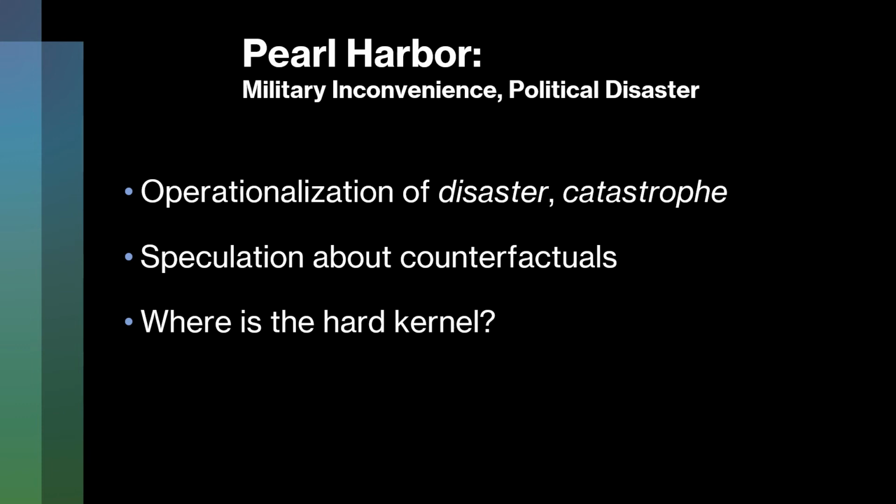He kind of implicitly does it, where he says, here are disasters, catastrophes. He says, what would an actual disaster look like? And he doesn't spend that time. He just kind of shows ways that Pearl Harbor, the loss for the U.S., wasn't as bad as the name seems to imply.